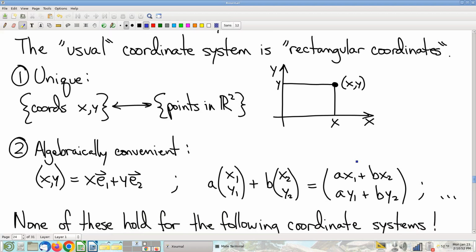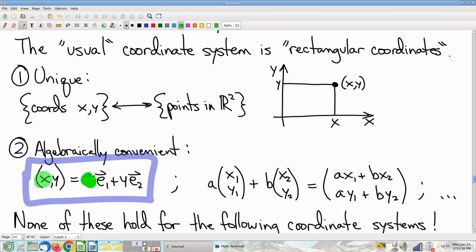Here's a couple other nice features. Rectangular coordinates are algebraically very convenient in certain ways. For example, I remember this fundamental fact about coordinates. In fact, you can take this as a definition of coordinates, I suppose. The coordinates for a vector are the coefficients in a linear combination of the standard basis vectors giving that same vector.